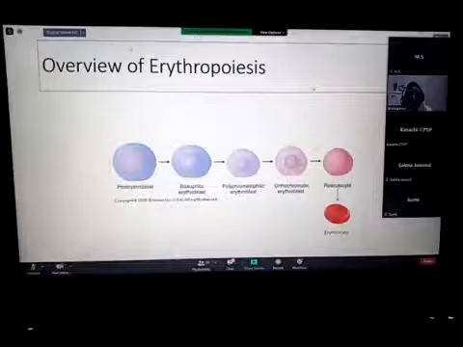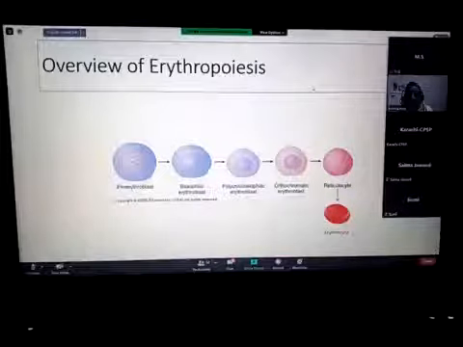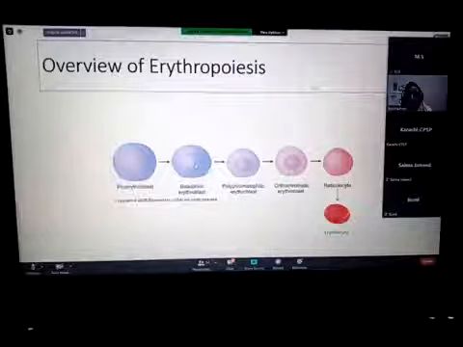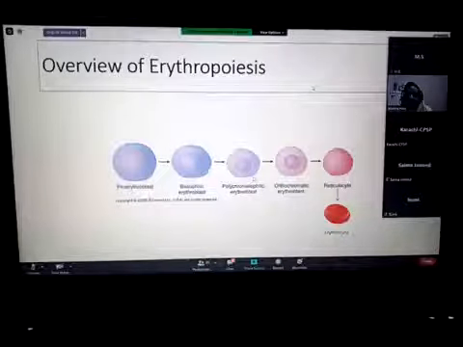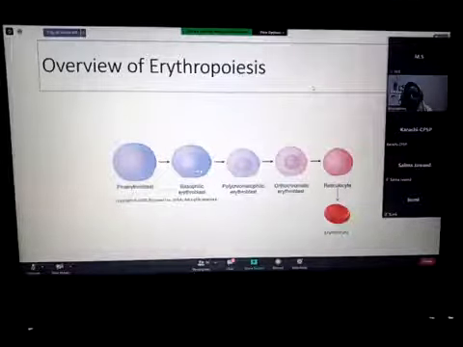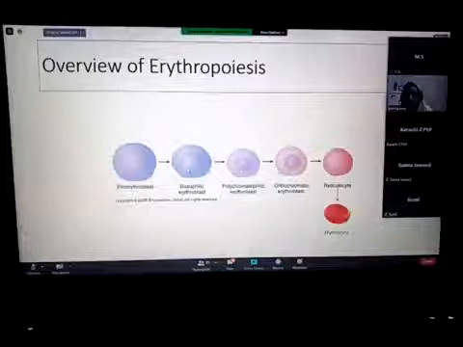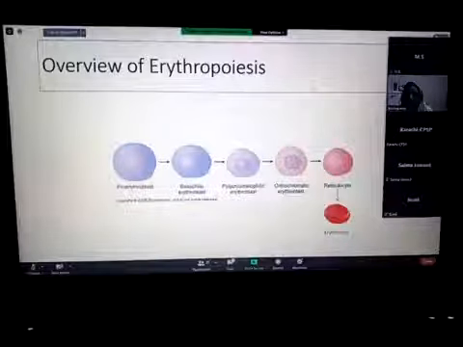In the bone marrow, we have the precursor cell, which is the proerythroblast, which goes through three stages of early, intermediate, and late normoblast. The changes that happen are the extrusion of the nuclei. The nucleus becomes smaller and is finally extruded at this stage.